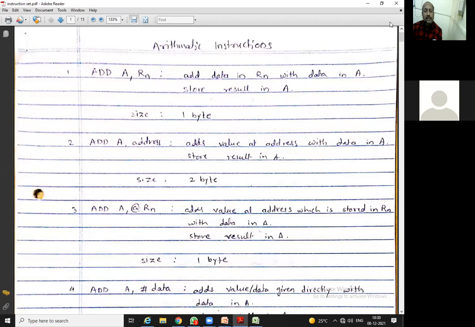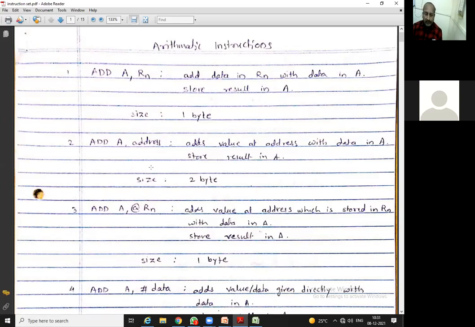So the first instruction in this arithmetic group is ADD A, Rn. Here n stands for 0 to 7, because as we know the registers are from R0 to R7. What does it mean? Add data in Rn with the data in A and store the result in A. That is very important.